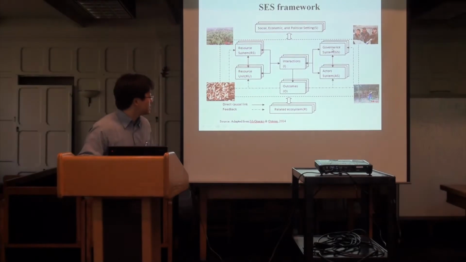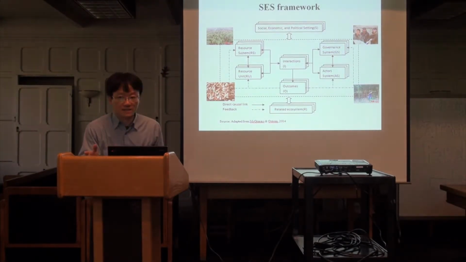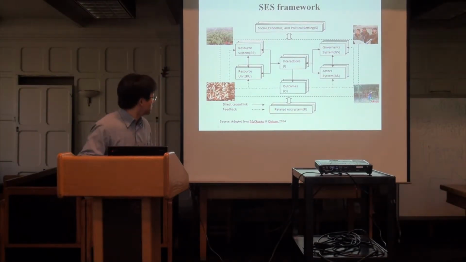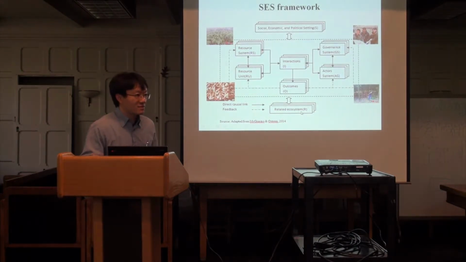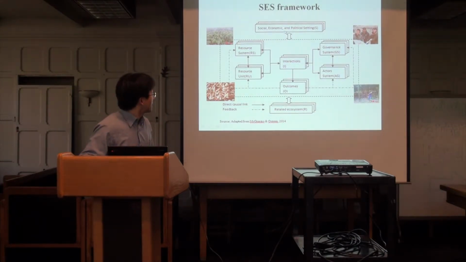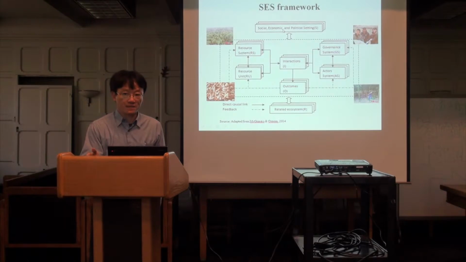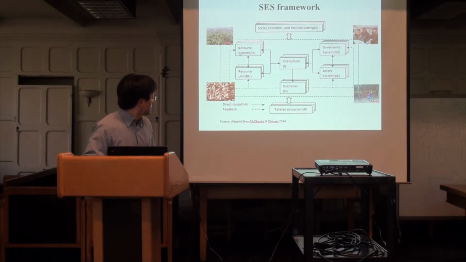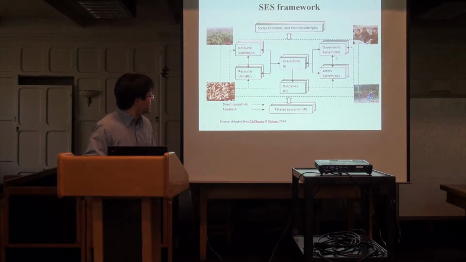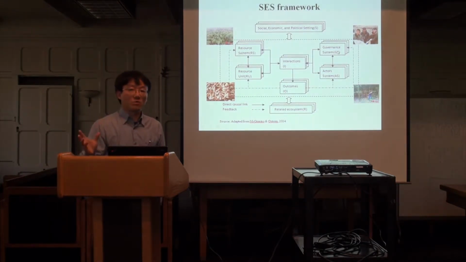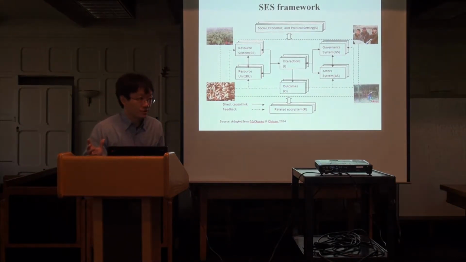followed by the governance system, and in the context of two: one is the related ecosystem, and another is the social, economic and political setting. That means the resource system, resource unit, actor system, and the governance system compose the inner system.